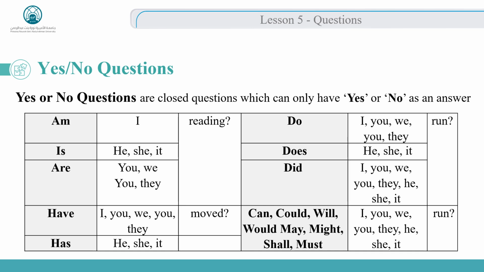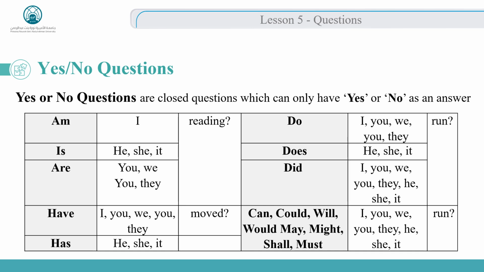Let's have examples. Am I reading? Is he reading? Is she reading? Are you reading? Are we reading? Are they reading? Here, the structure of the yes-no question, it starts with the auxiliary. And here the auxiliary is a form of verb be in the present tense.